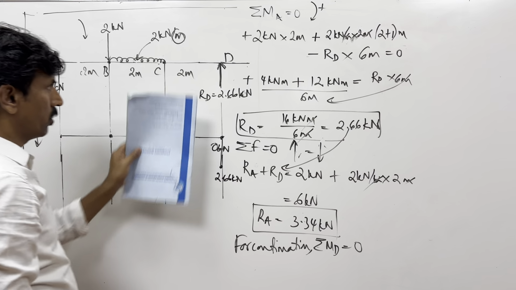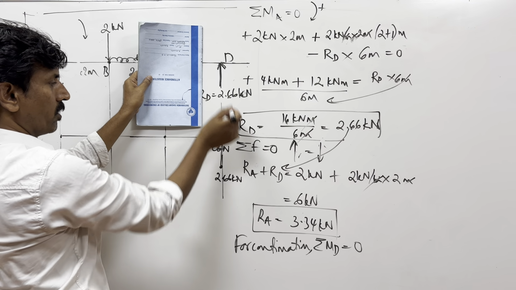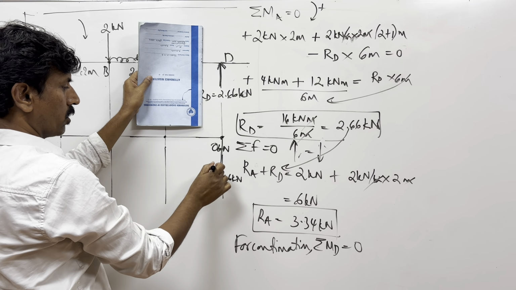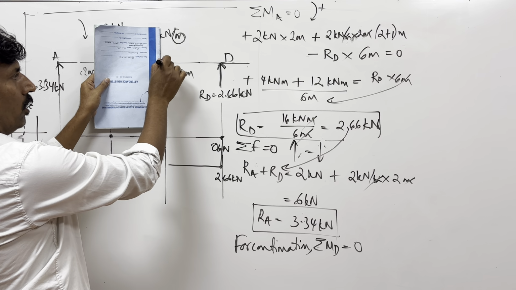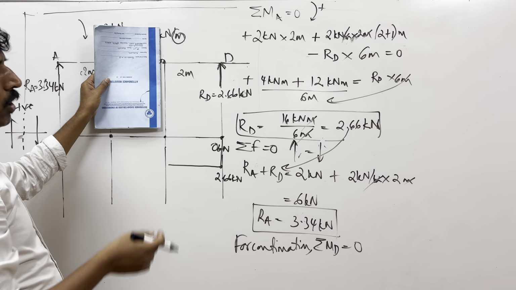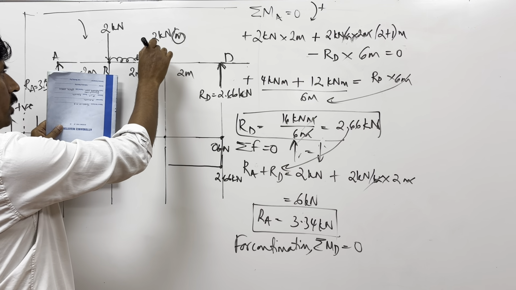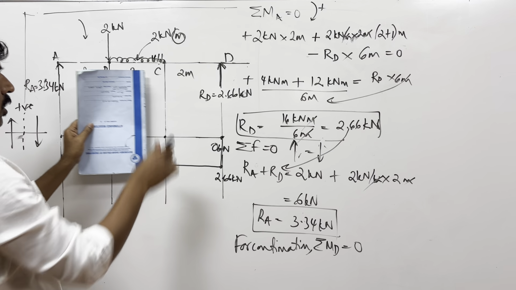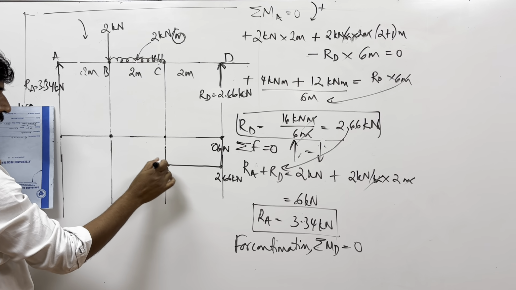And as you go further here, you only see this force going upwards, which is the same value, 2.66. So it remains the same until it crosses one more load here. It's not a point load, it is a UDL. UDL means small loads at every point. These loads are positive because they go downwards, so definitely it will start increasing like this.